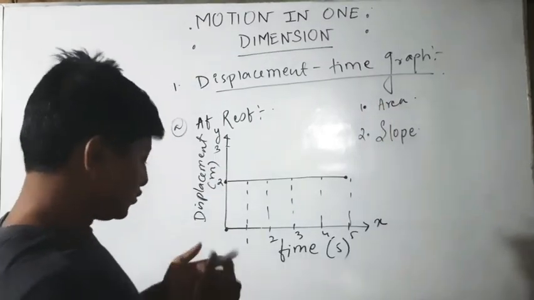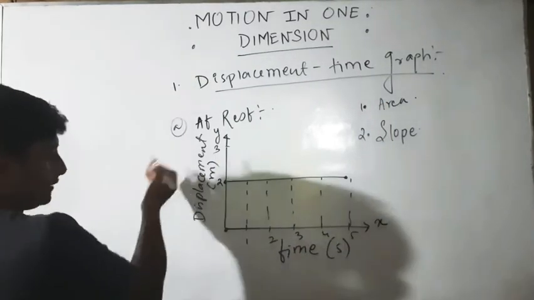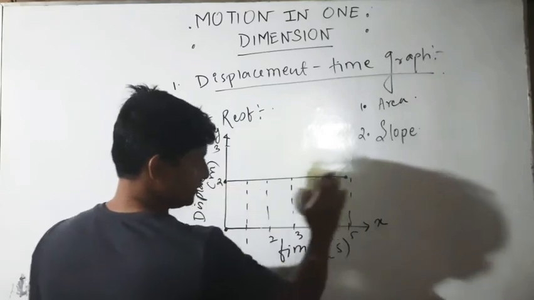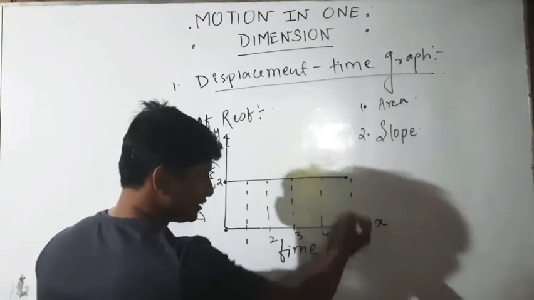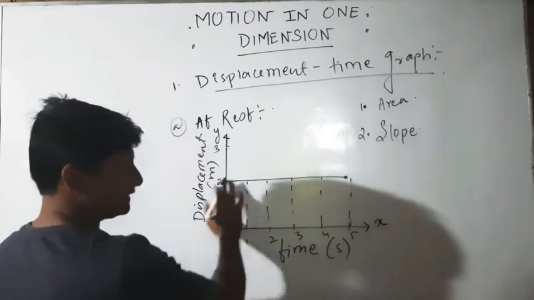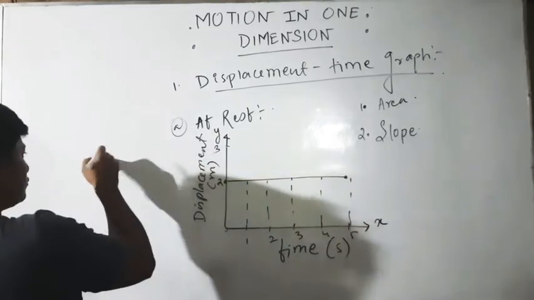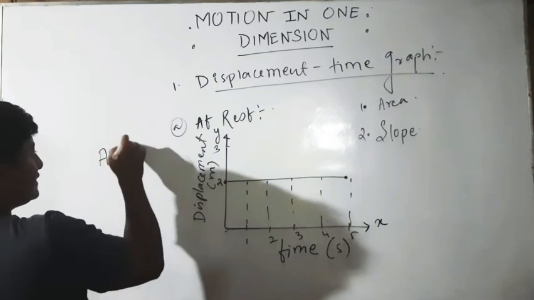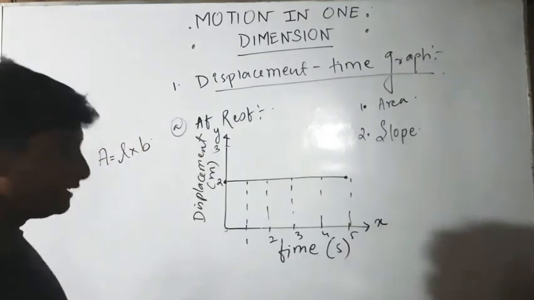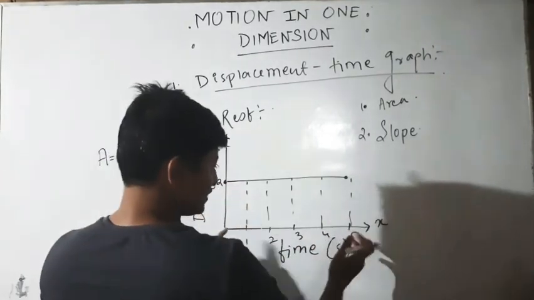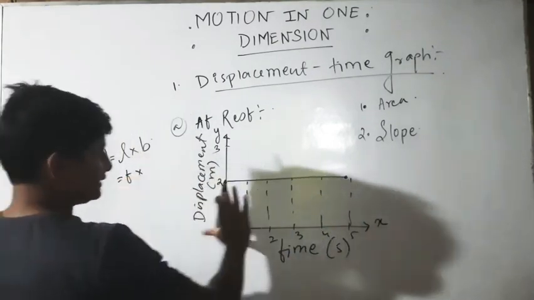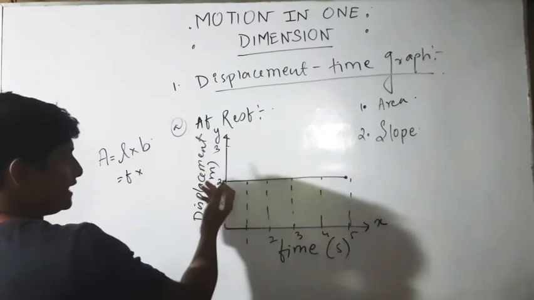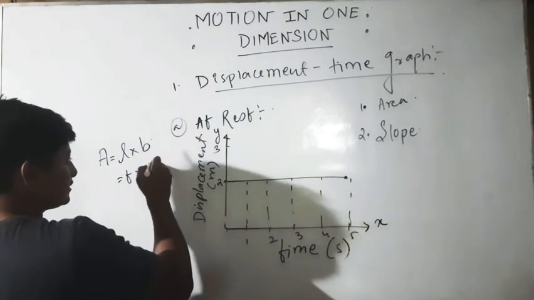Now what is actually area? Whenever we see a geometrical figure, say here if we take this whole figure, it represents a rectangle, isn't it? If I join this line, it represents a rectangle. In case of a rectangle, the area is length into breadth. Here the length is showing the time, and the breadth part in the y-axis is the displacement.